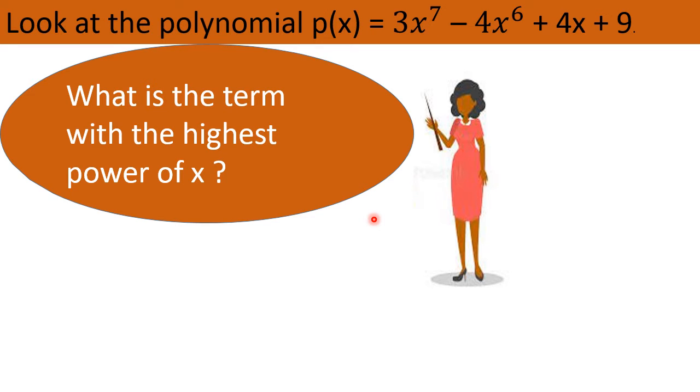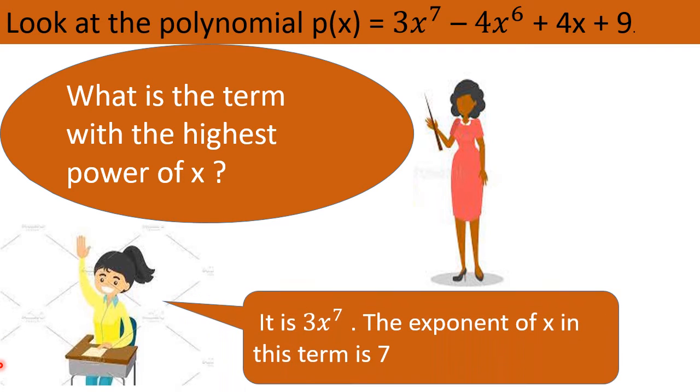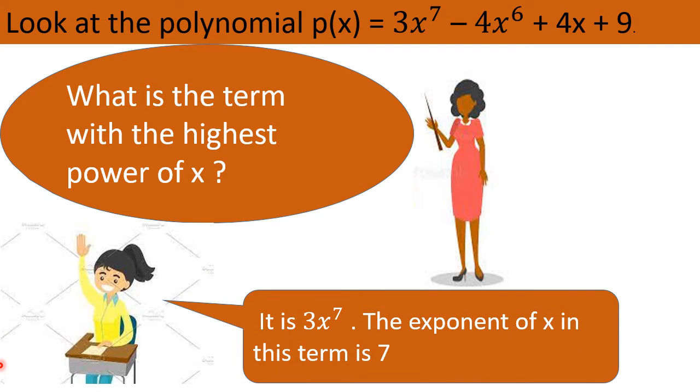So now we will check. It is 3x to the power of 7, and the exponent of x is 7. The highest power of the exponent is 7.